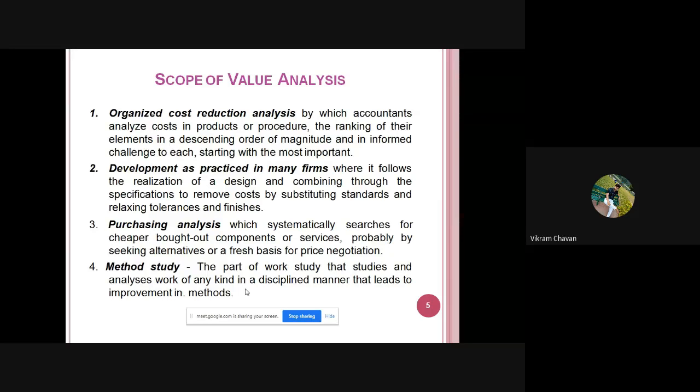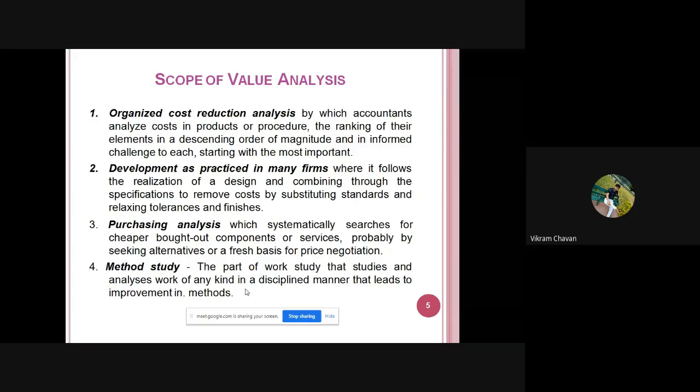So while purchasing, we have to compare different parameters, comparing functionality with respect to cost. So it will be helpful for purchasing analysis also.